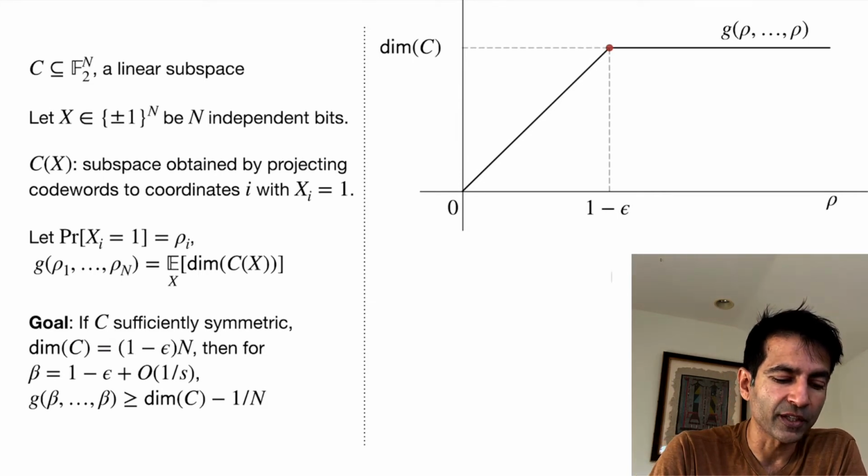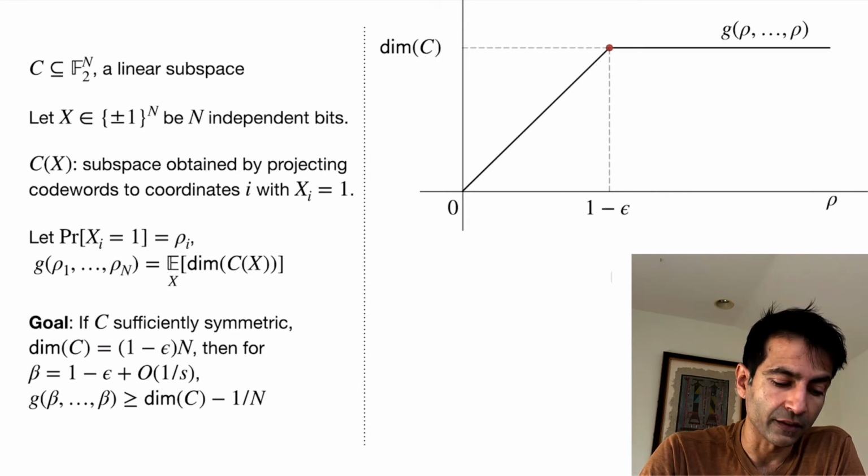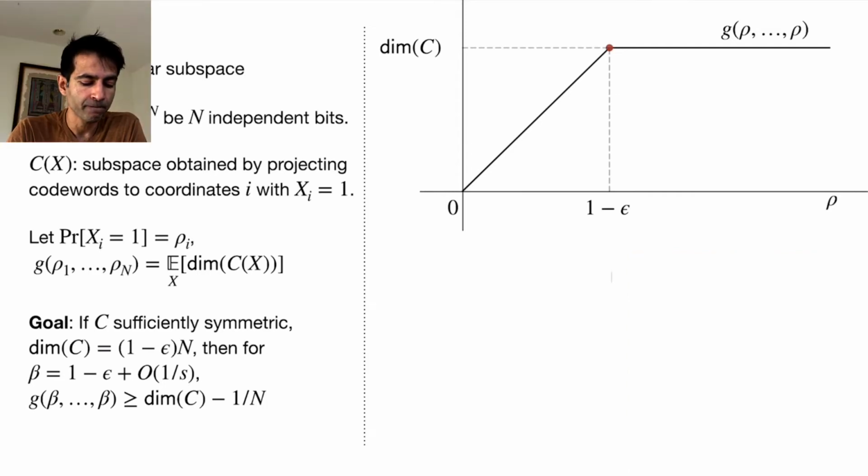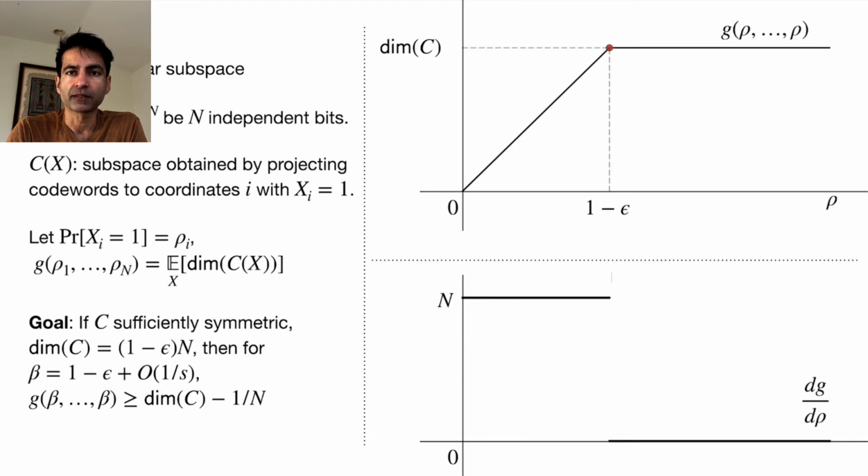So this is what the entire picture must look like if g passes through this point. And that means if I now plot the derivative of g, then that must look like a step function. It must look like this, right? Its value here must be n, and then it must make a sharp transition to the value 0. So this is what g and its derivative must look like.